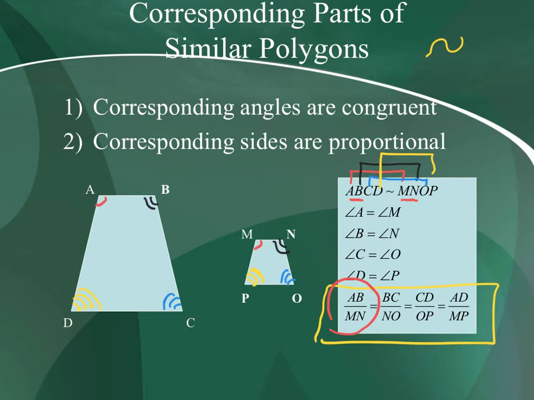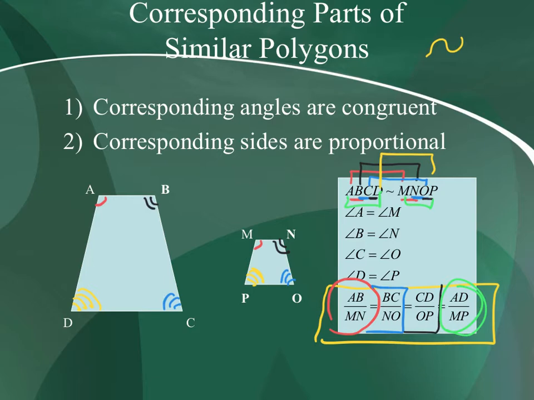Then the next two letters, BC, the second and the third letters here, they're going to match with the second and the third, and they've put that in a ratio together, BC over NO. And then we can also match CD, the last two letters, with the last two letters here, and you would put CD over OP. And then lastly, you could match the first and the last, the AD, to the MP, and that's the last fraction. Again, this is called your statement of proportionality.